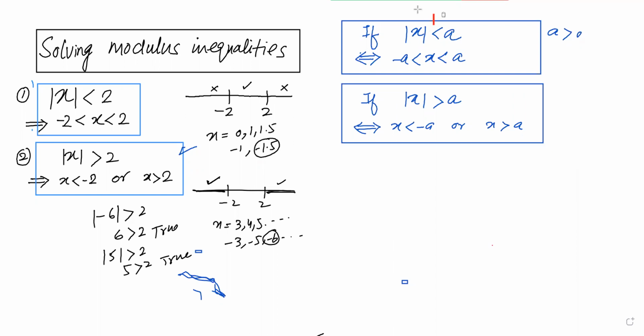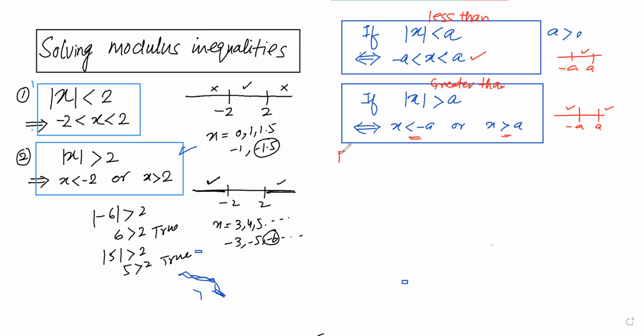This was less than. For the lesson, keep in mind this pattern. For greater than, it is either the left or the right. If you have -a and a like this, this is the case for greater than, and if -a and a like this, it is the middle part.